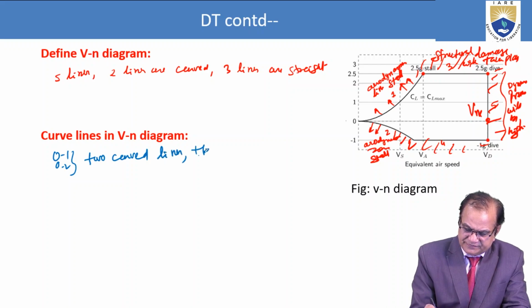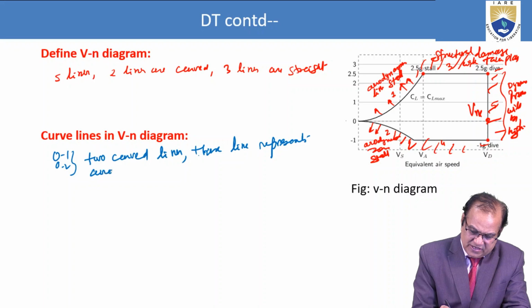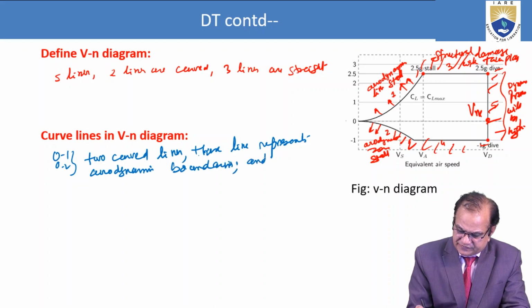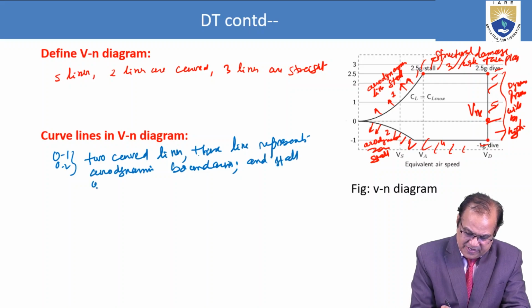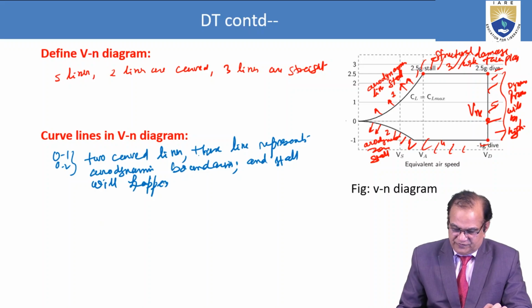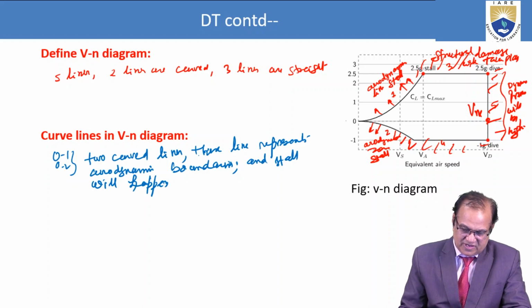These lines represent aerodynamic boundaries, and stall will happen. 0 to 1, 0 to 2: if you are below that, stall will take place.